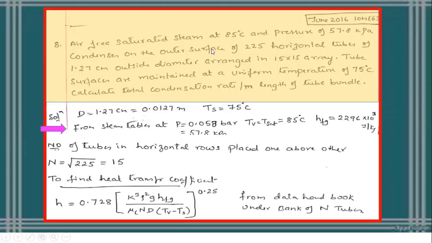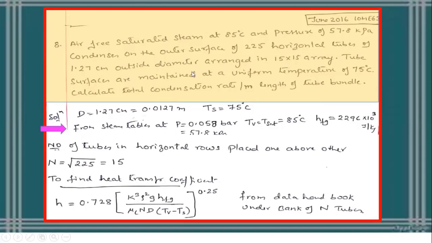Then here the steam condenses on the outer surface of 225 horizontal tubes of diameter 1.27 centimeter. It is arranged in a 15 by 15 array.